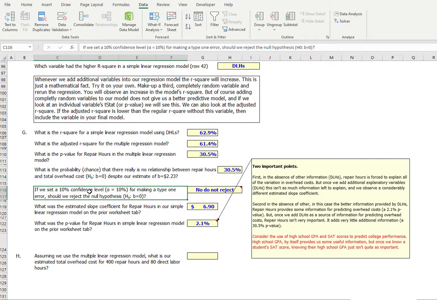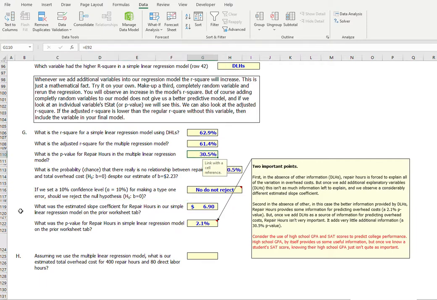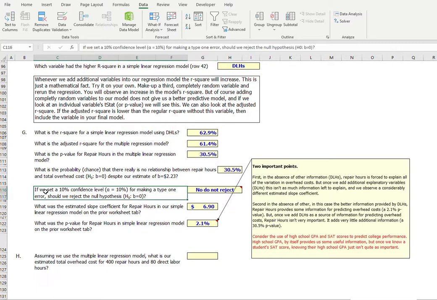But once we've introduced direct labor hours into our model, and recall direct labor hours did a good job explaining, there wasn't a lot left for repair hours to explain. And we saw a p-value of 30.5%. And with a 30.5% p-value, at most any confidence level, but certainly a 10% confidence level, we're going to fail to reject the hypothesis that the slope coefficient is 0.